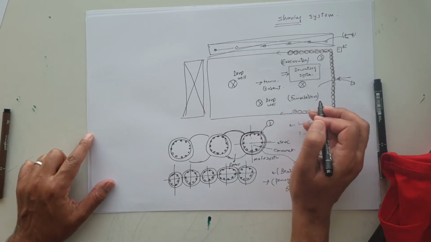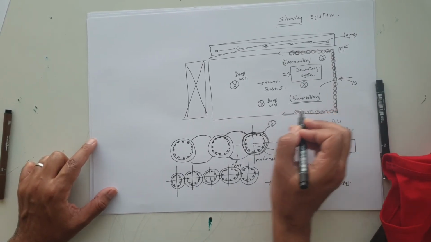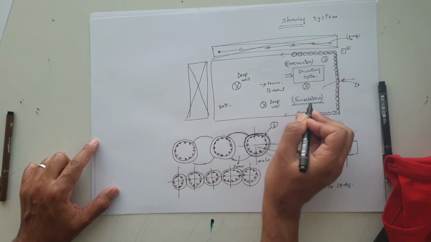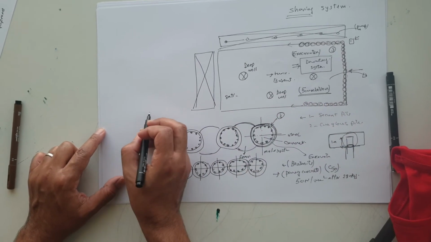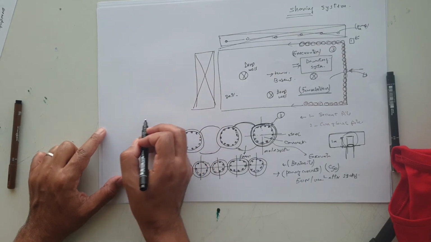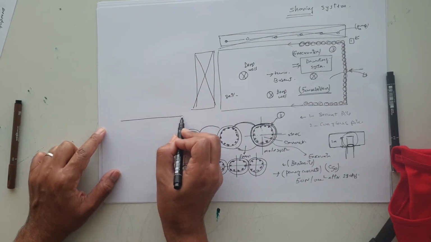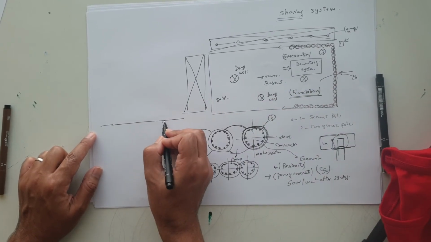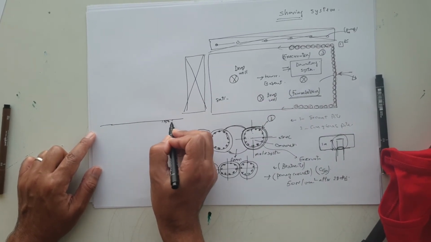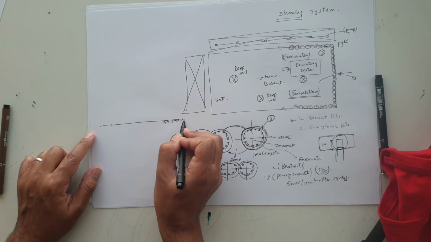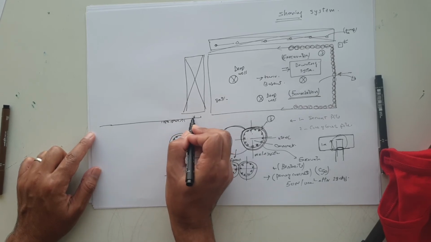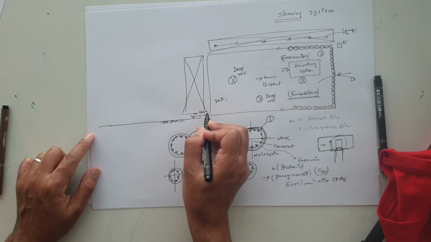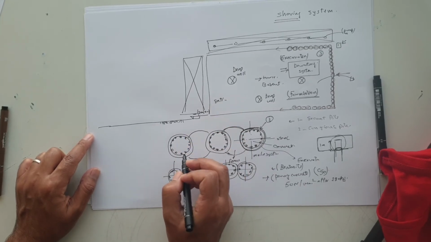When we reach the level of the foundation, if we make a section to explain this detail, this is the level of the foundation after excavation work. It usually comes at minus 20, minus 50, depending on the level.